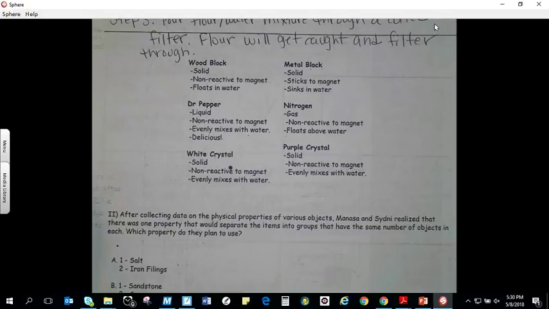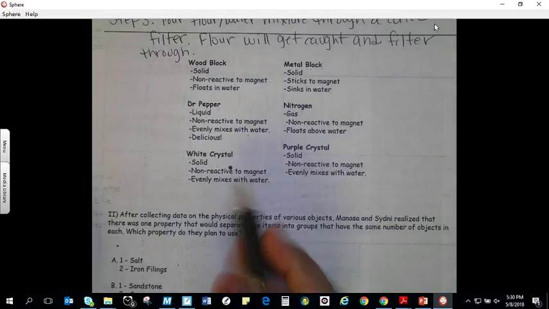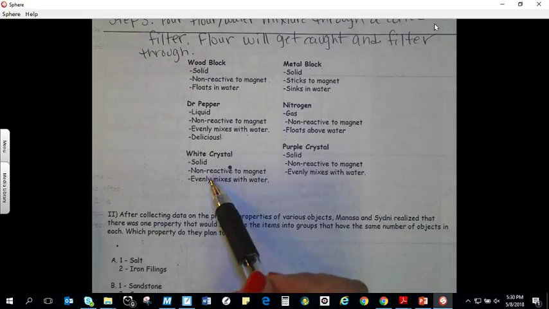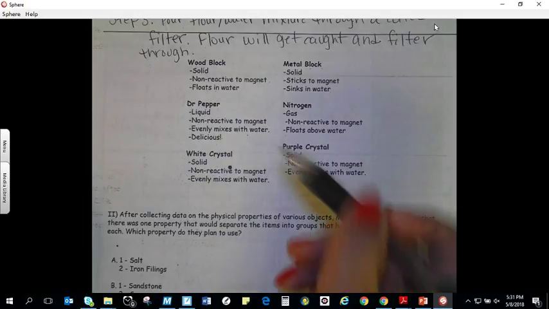Okay, I'm thinking one got mixed up here. Because we did this one in class, and I think one got mixed up here. So we had, let's look at this one.